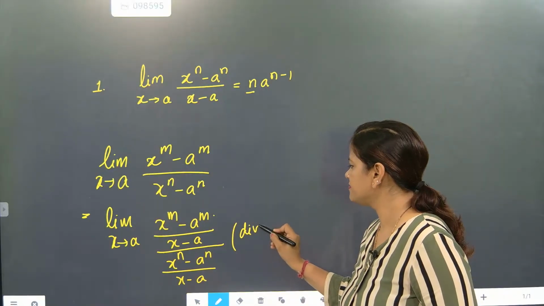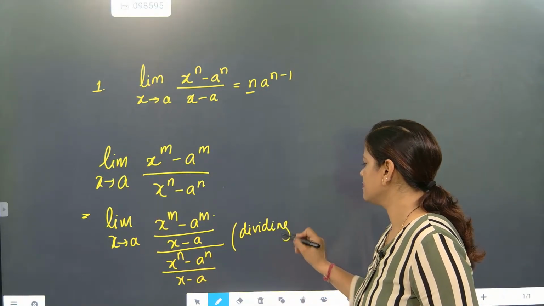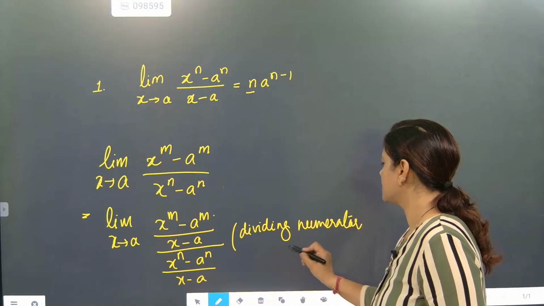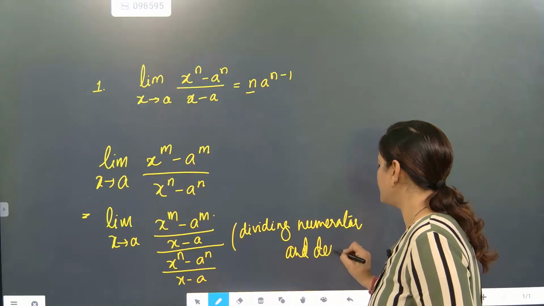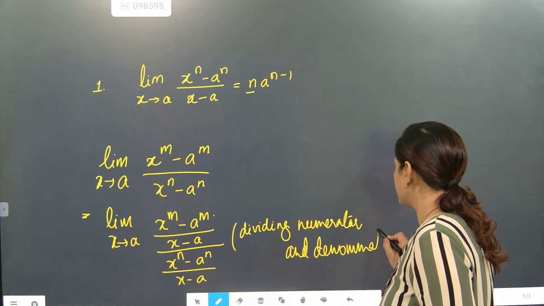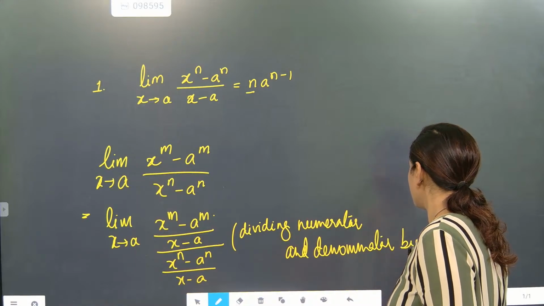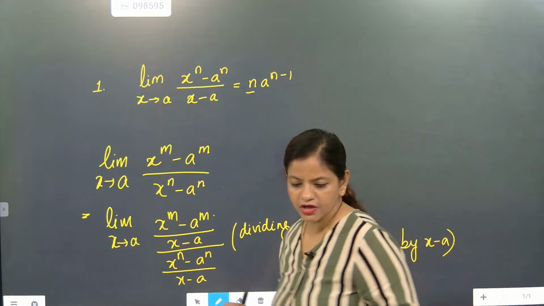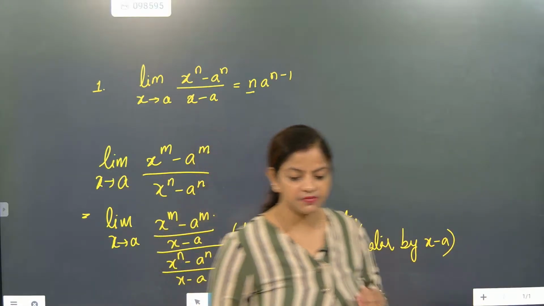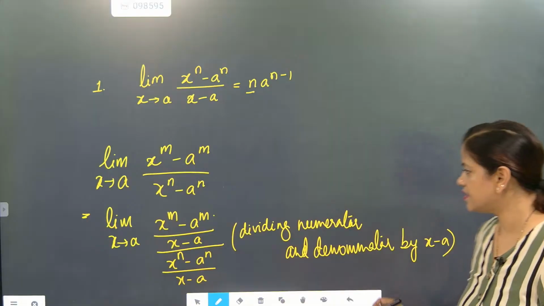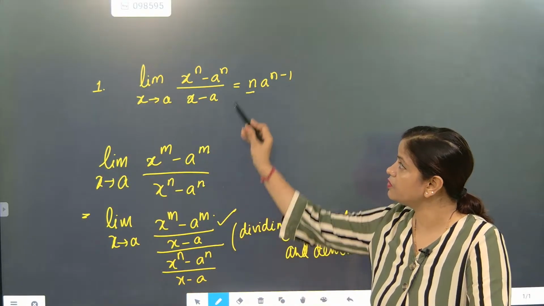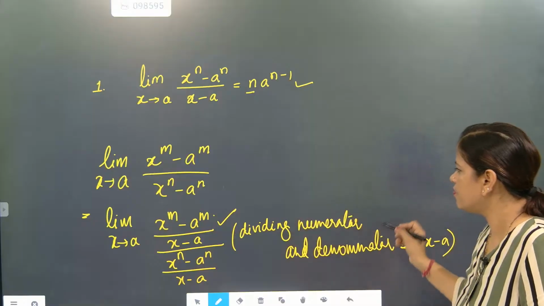So dividing numerator and denominator by x minus a. Now this numerator part comes into the formula, so it will become what?